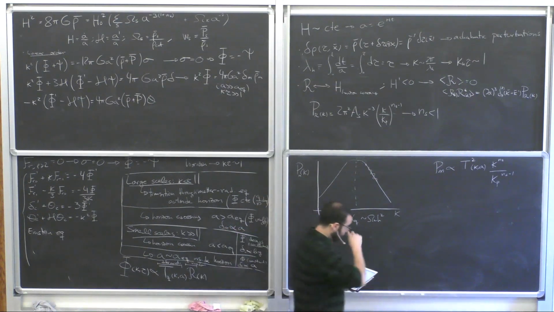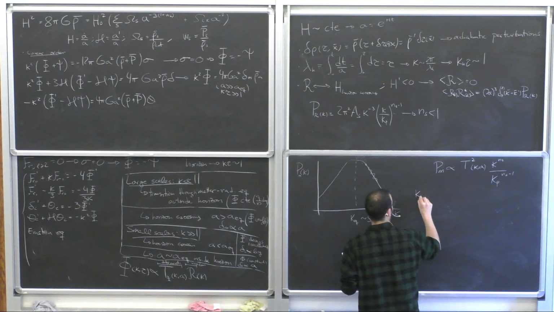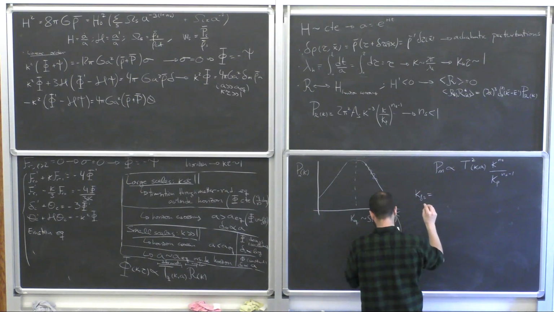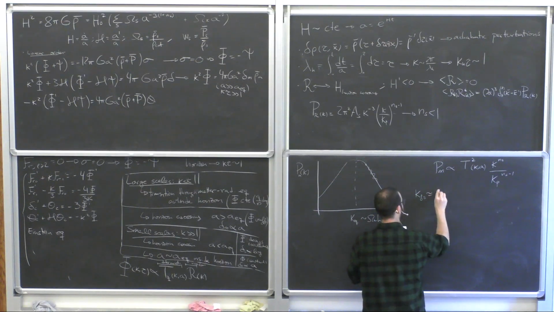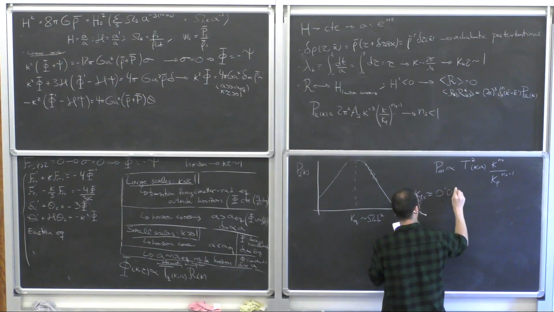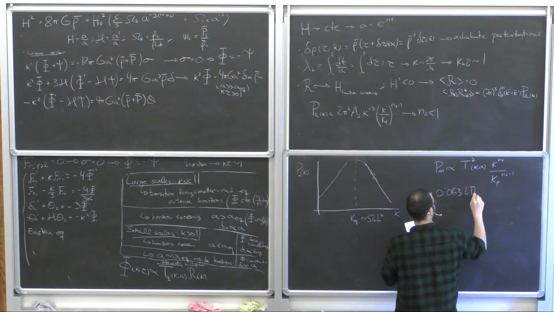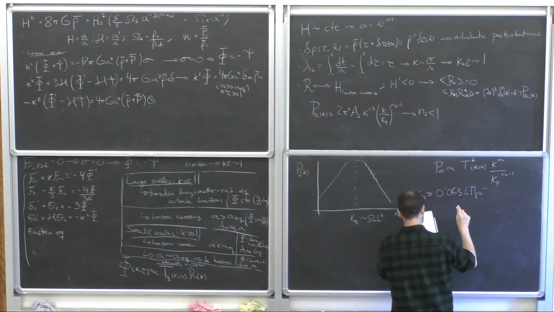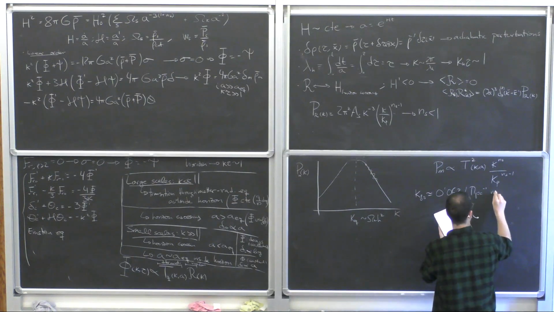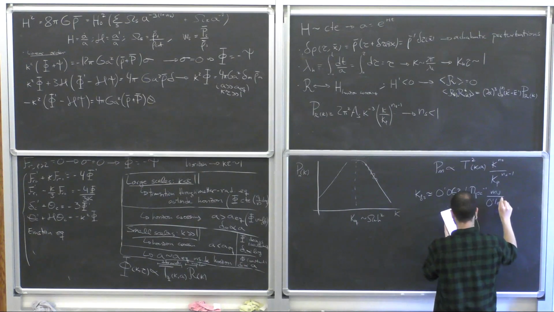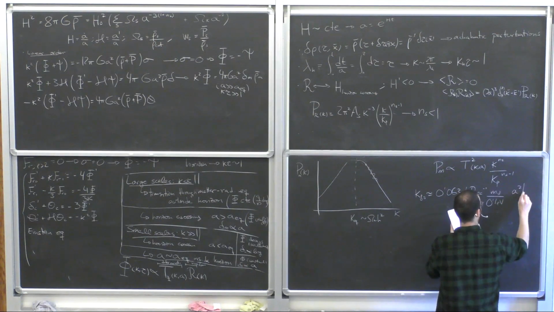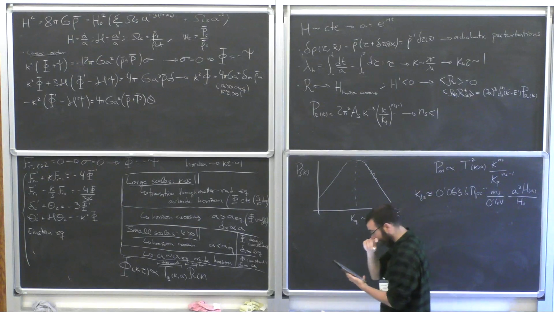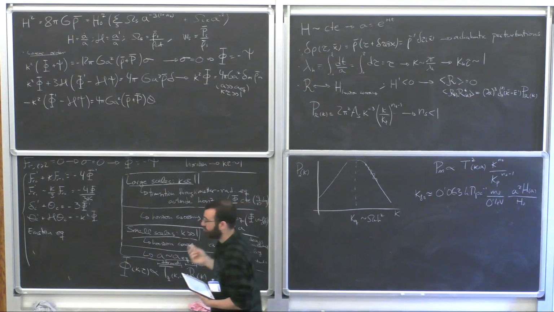So in a phenomenological way, we can describe this free streaming scale for neutrinos as 0.06, the mass of the neutrino over 0.1 electron volts, and then this evolves with time in such a way that the free streaming scale for the neutrinos grows with time.